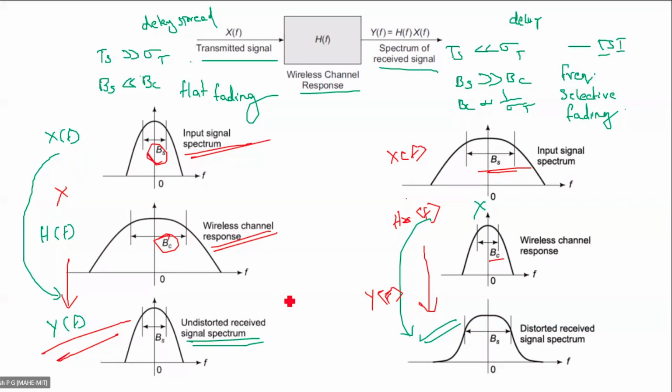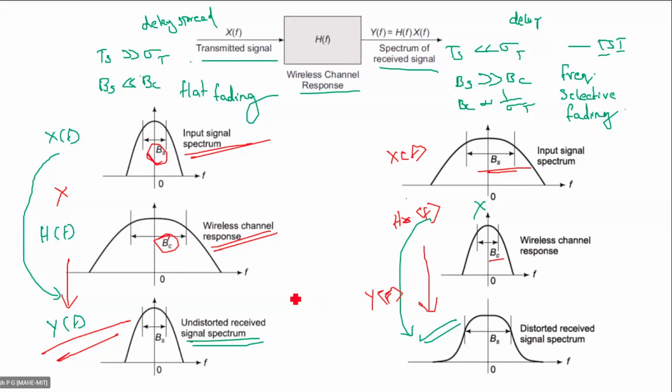Okay, so there are two situations. One is flat fading, where signal bandwidth is less compared to coherence bandwidth, and the second is frequency selective fading, where signal bandwidth is higher compared to the coherence bandwidth, which means that in frequency selective fading you can see considerable distortion compared to the previous one.